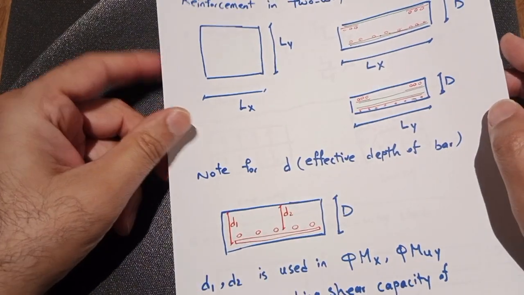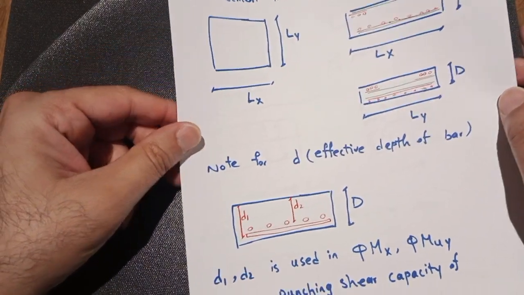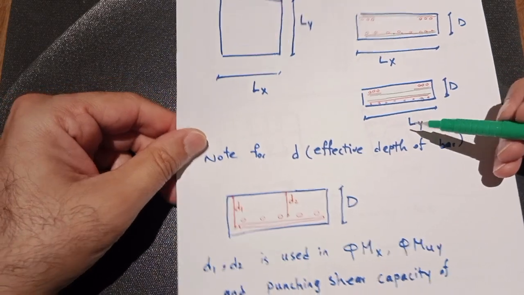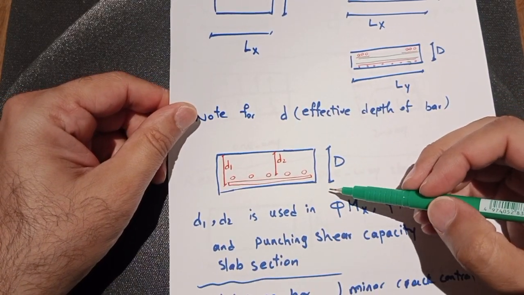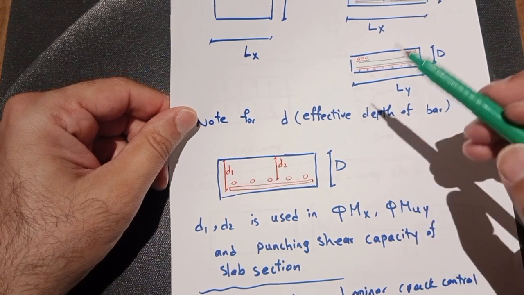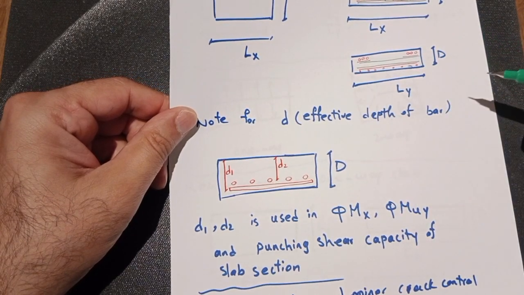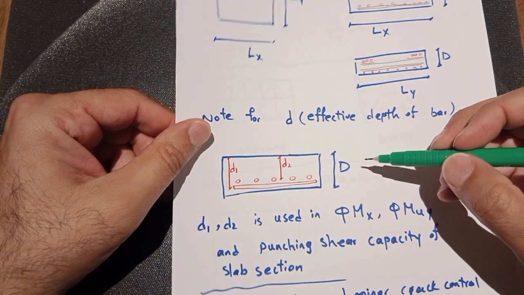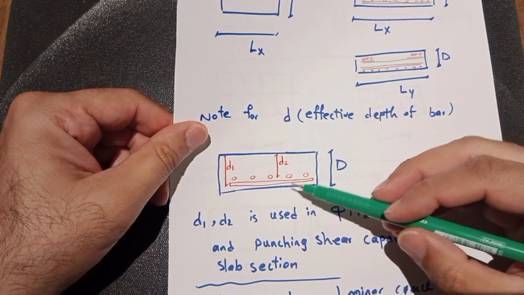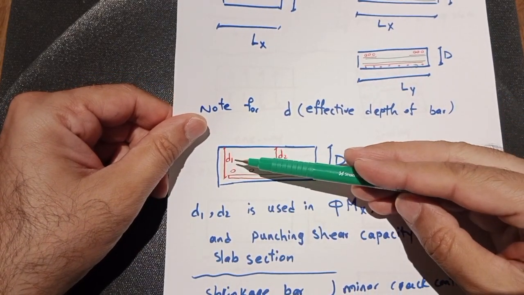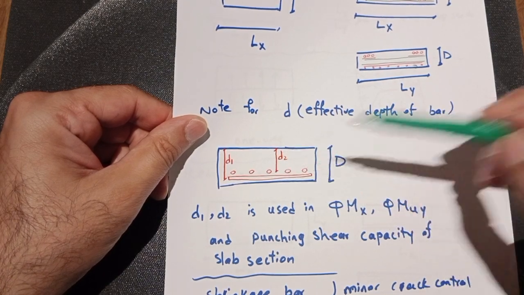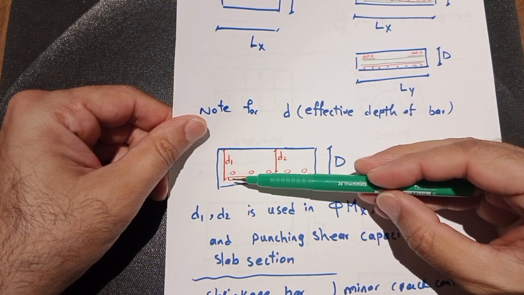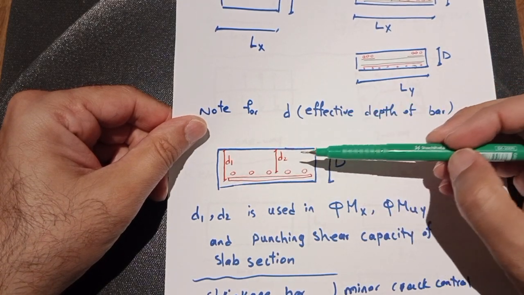The only thing that we need to be careful about in two-way slab is that taking the primary and secondary direction is just optional. You can take Lx primary or Ly primary, and the other one will be secondary. Just remember, in that case, your effective depth for reinforcement in one direction should be bigger than in the other direction. See here, D1 is bigger than D2.